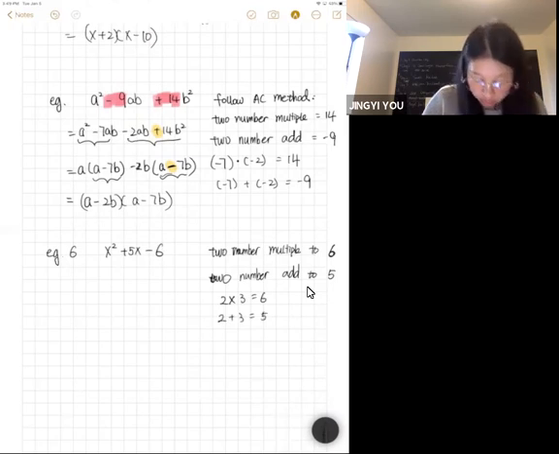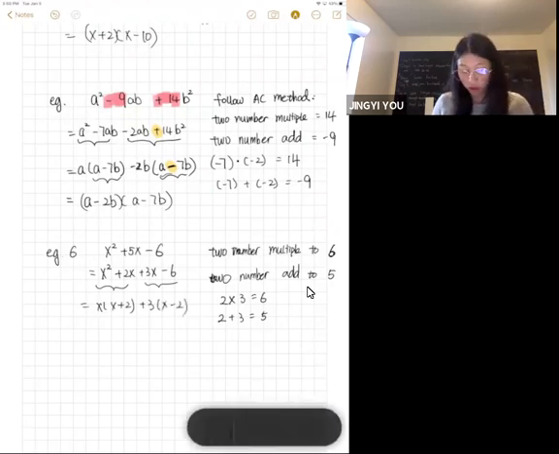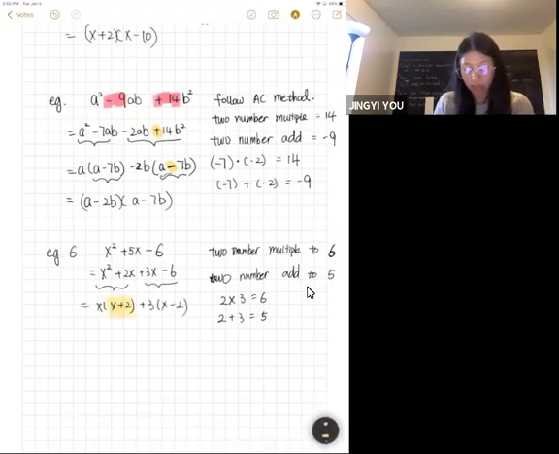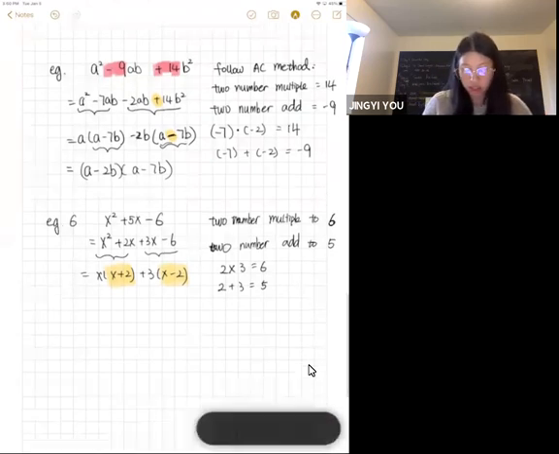Okay, so here I have x squared, and I split it as 2x plus 3x minus 6. Now we split these two groups. I have x times x plus 2, plus 3 times x minus 2. Look, they don't have any common factor. One is x plus 2, the other is x minus 2. So it doesn't work. That means we need to be careful about the negative sign.